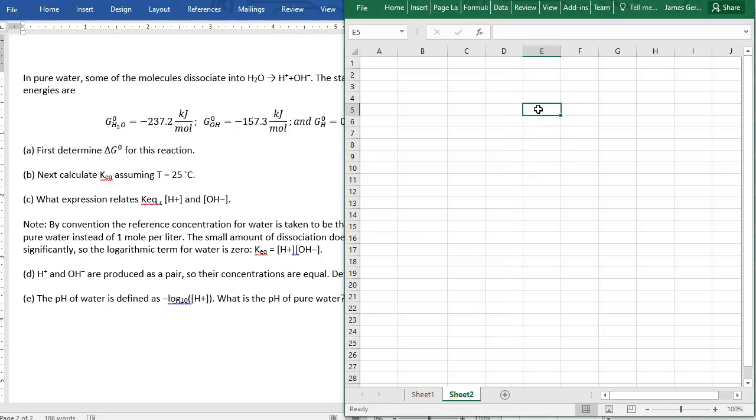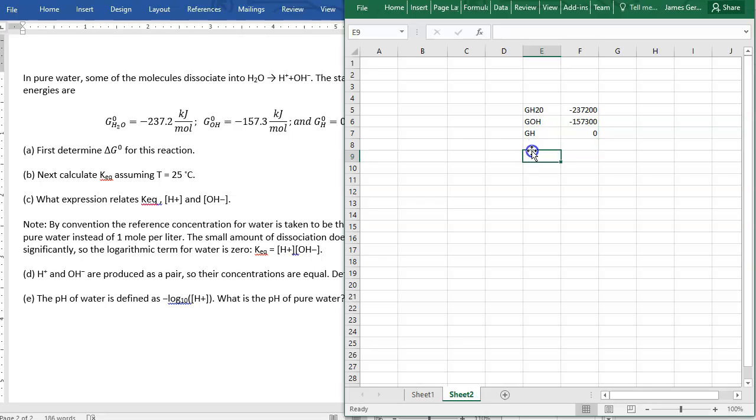I'm going to put G of H2O, and that is minus 237.2. I'm going to convert this to joules, so times 1,000. And G of OH is minus 157.3, again times 1,000. And G of H is just 0.